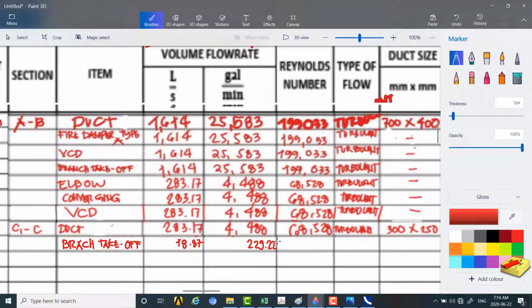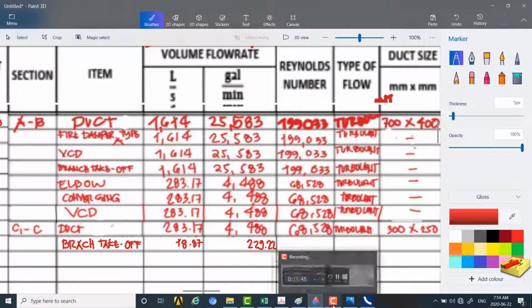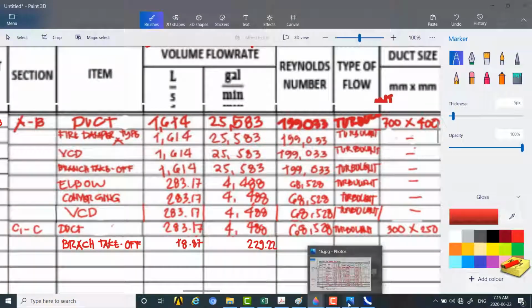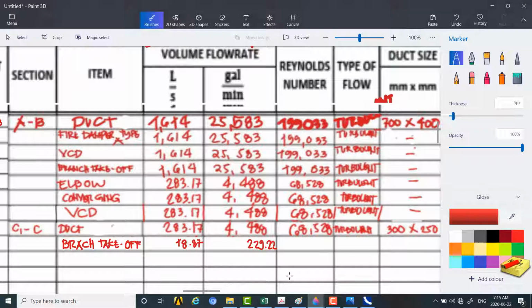Then also we can refer to this one, since we have the same value as before, for the Reynolds number you can refer also to your previous calculation, that will be 8,332. Just import the value. This is also a turbulent flow.